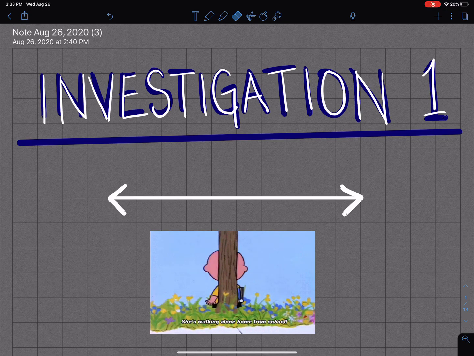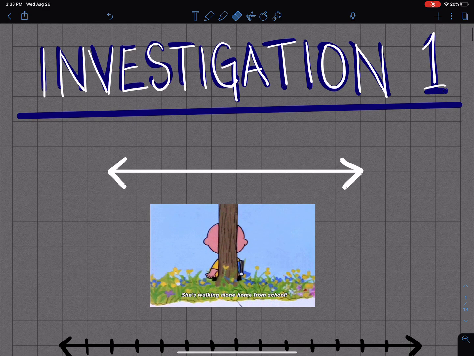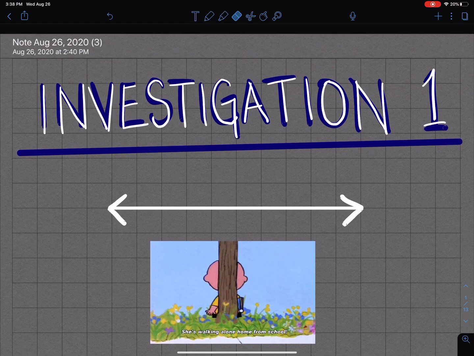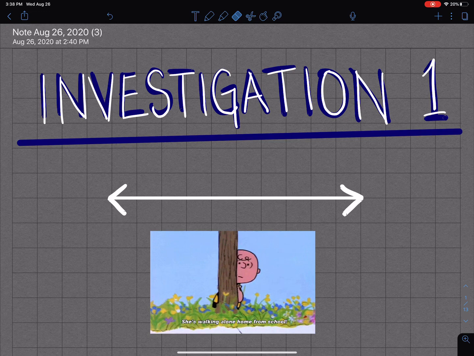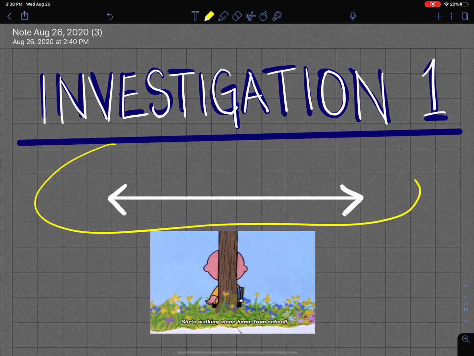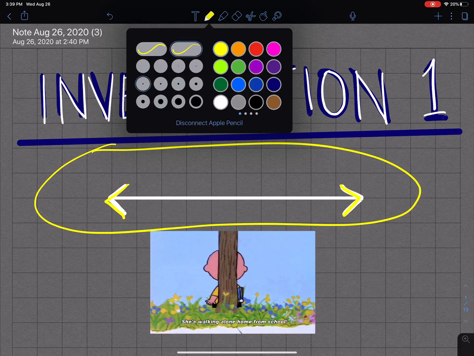So the first thing that it goes over is a line and a line segment. So this right here, let me change colors so I can show you. This is a line, and it's a mathematical line, so it has two arrows on each end, and that means that it continues on forever in both directions.